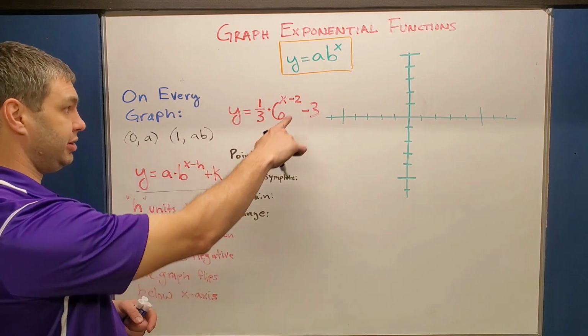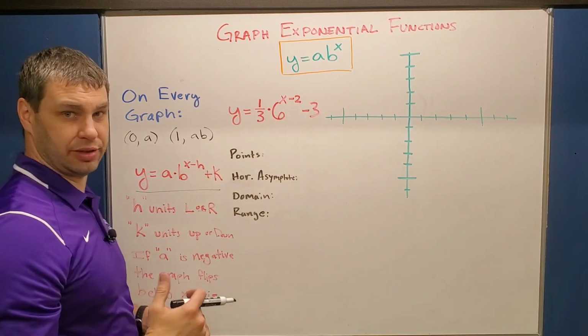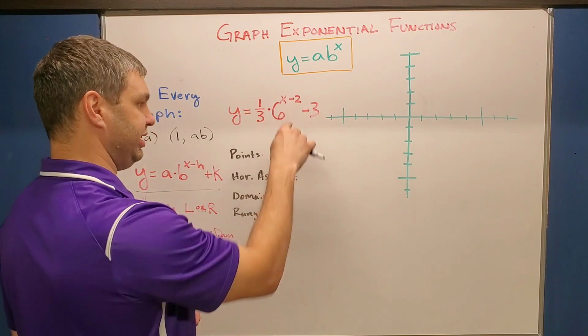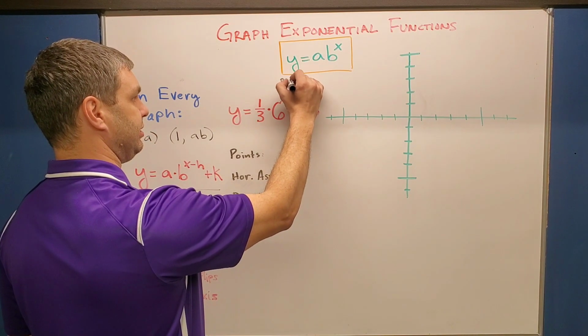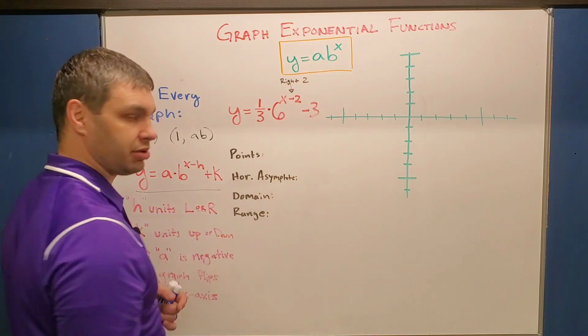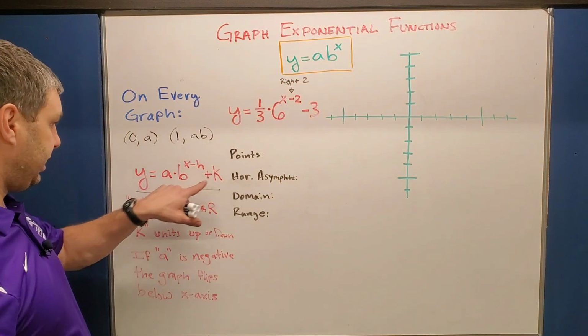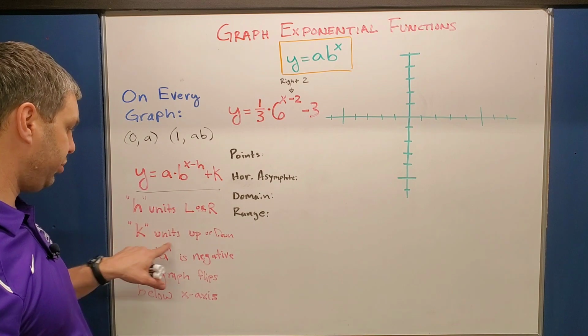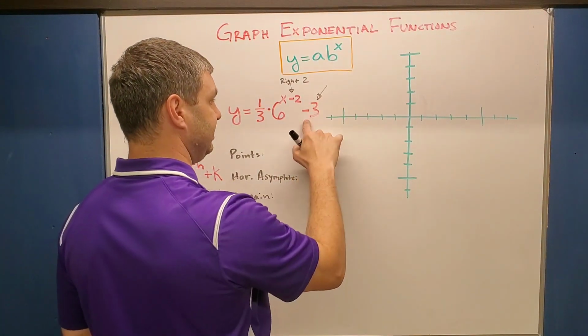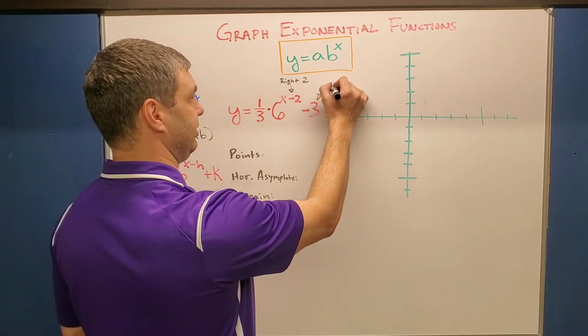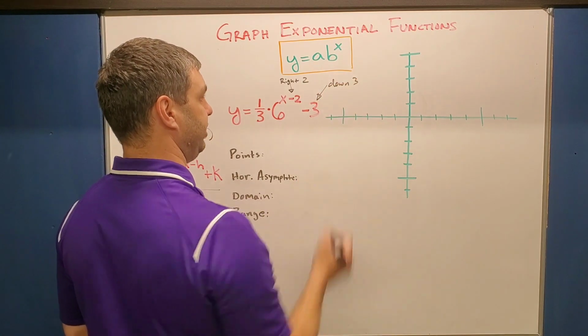In ours, if this is a -2, it's going to be shifted to the right 2. So you use the opposite sign a little bit. So I'm going to say right 2. Then the k at the end is going to shift it up or down k units. So for ours, this is going to shift it down 3. This one uses the same sign. So this is going to be down 3.